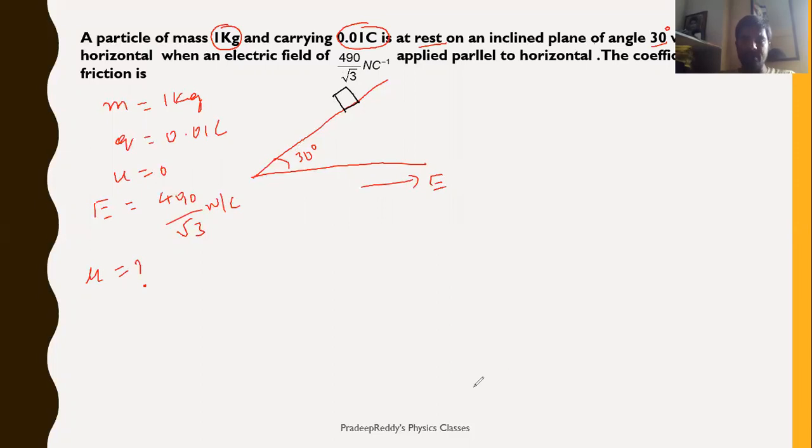Now there are different forces acting on the charged particle. I'll first identify those forces. There is a gravitational force acting in the downward direction. It is mg. And because of the electric field, there is a force acting on this charged particle in the direction of the electric field, that is qE.